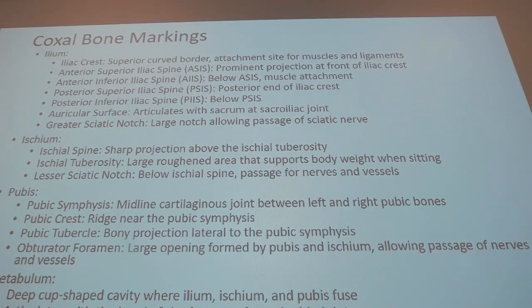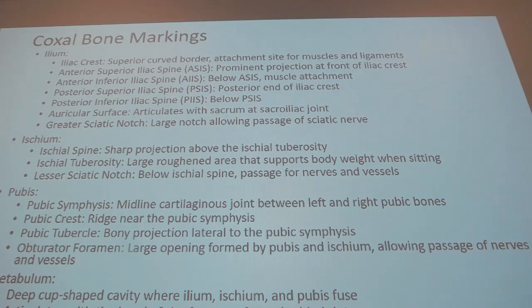And now, the obturator foramen is a large foramen found between the pubic bone and the ischium. It allows the passage of nerves and blood vessels.